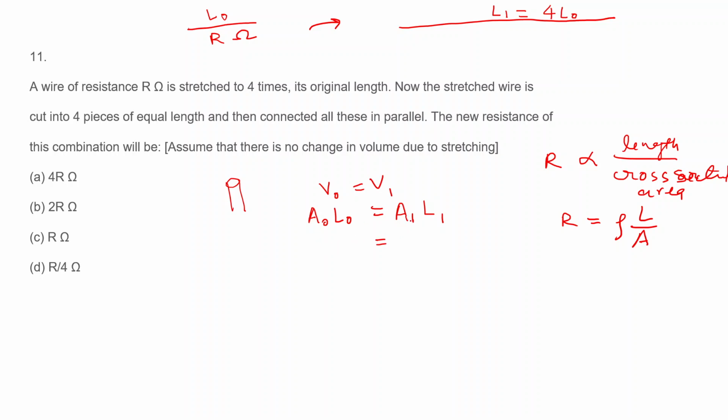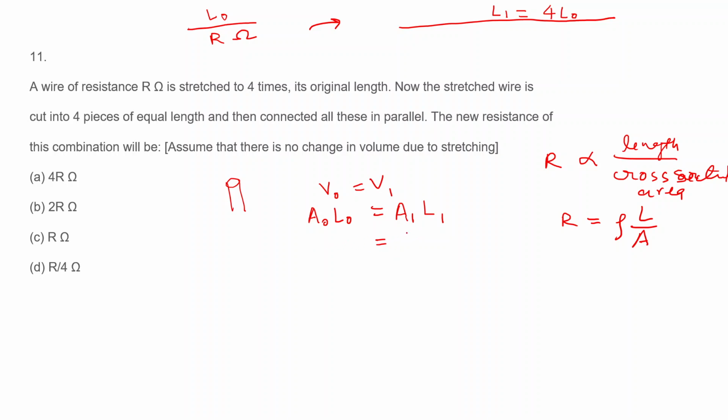Now we need to find out, because why are we doing this? Since resistance depends on length and area of cross section, if my length and area of cross section have changed after stretching the wire, that means my resistance would have also changed. That's why I want to know L1. I know L1 is 4 times L0, but I want to find out A1.